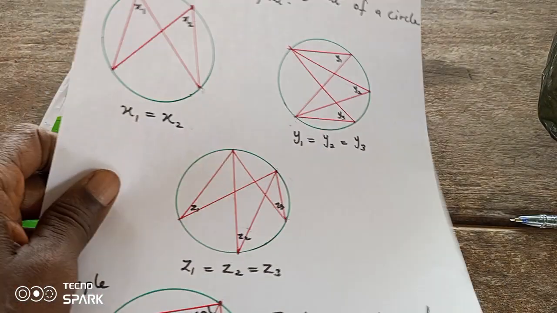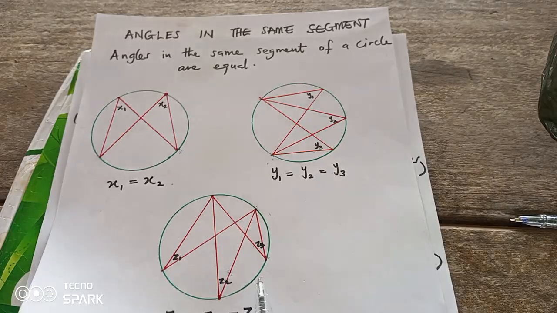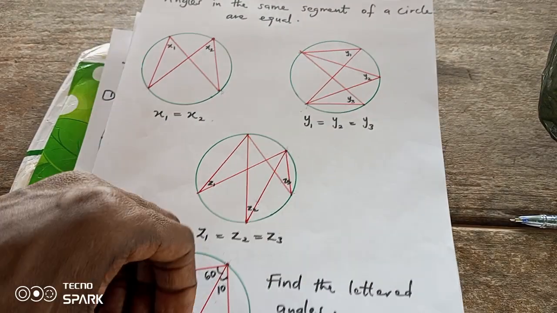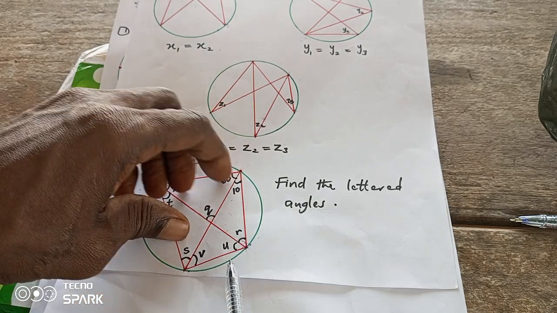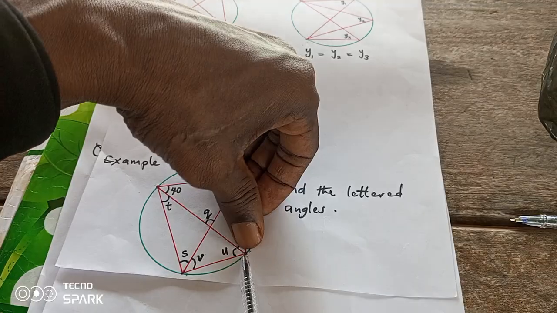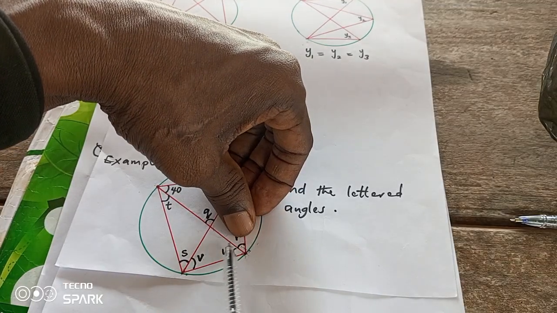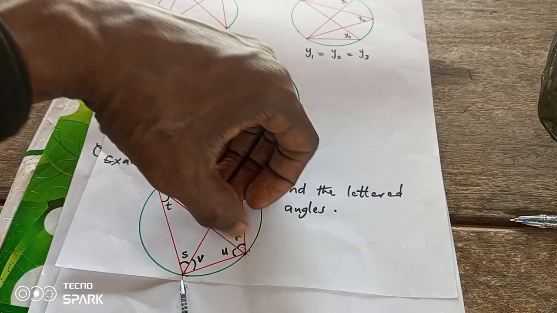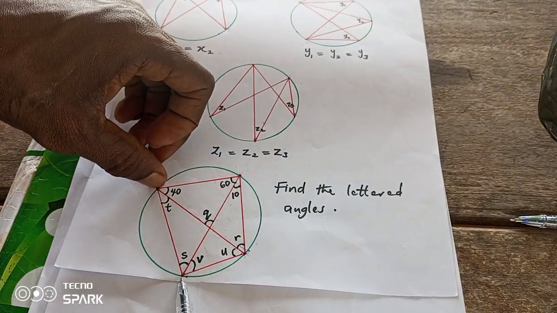Let's go back to the question. We want to know the value for angle U. This is angle U. Angle U is bounded by these two lines, this line and this line. It stops here, it stops here also.